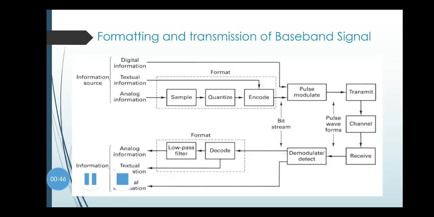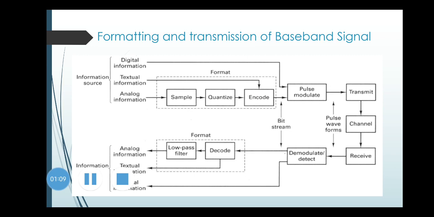So let us quickly recap what was done in our previous session, that is formatting of the information. At the information source, we have the information present in three different ways, as already noted: digital, textual, analog information, that has to be converted into the form of a bit stream.